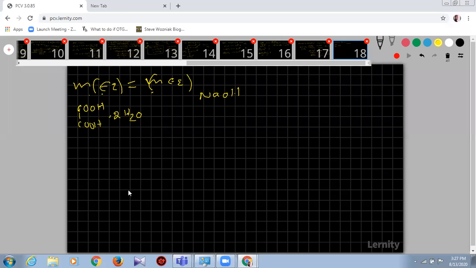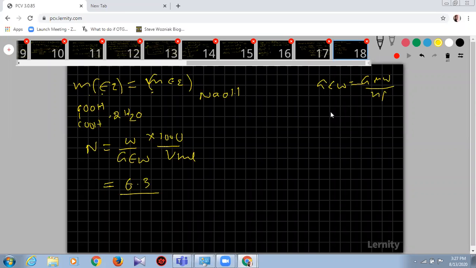What is the weight? 6.3. Gram equivalent weight is equal to gram molecular weight by n factor. Here the gram molecular weight of oxalic acid dihydrate, the whole molecule, is 126. How many protons? These two hydrogens are bonded to oxygen in the acid.